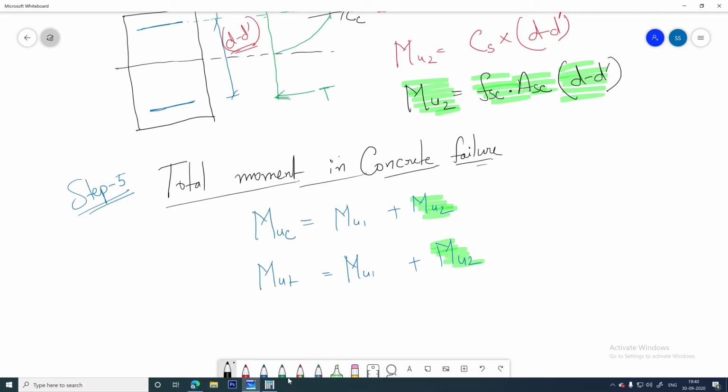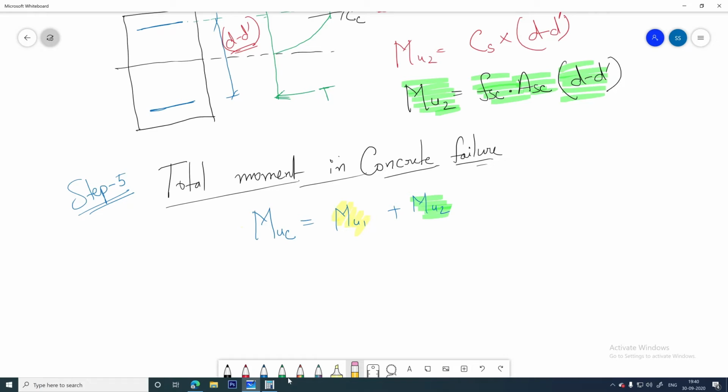How it is different I will show you, but Mu1 is equal in both, in case of the total moment in compression failure and the total moment in tension failure. This Mu1 and Mu2 are equal, but this Mu2 is different for those cases. How it is different I will show you. One second, let us remove this.